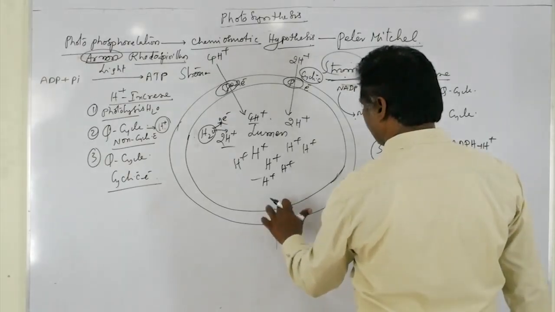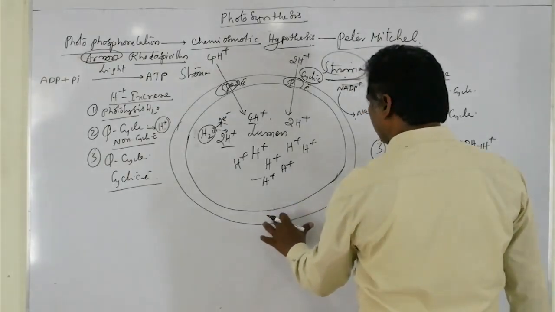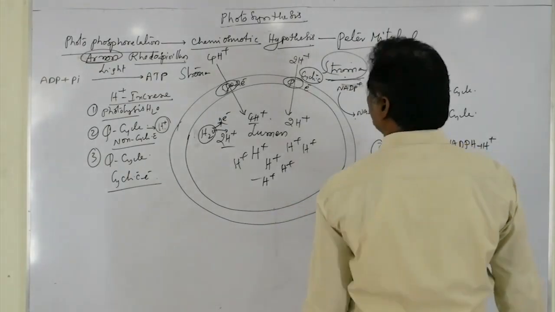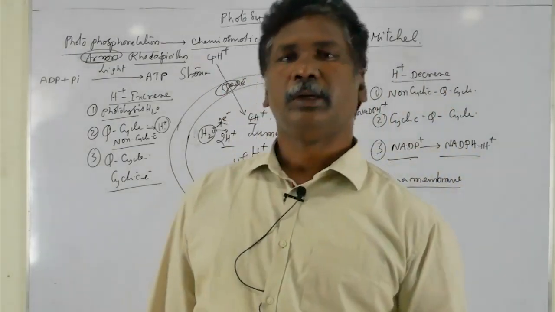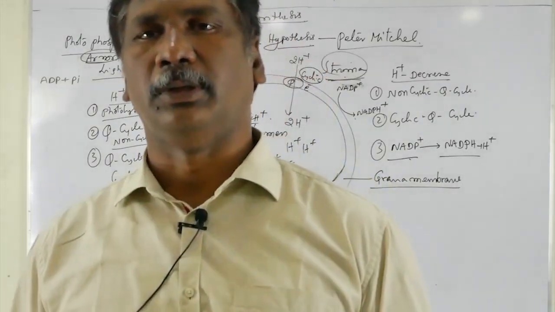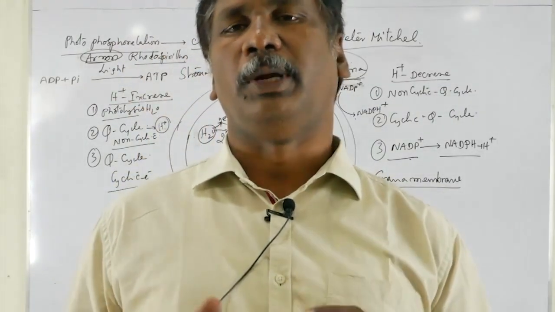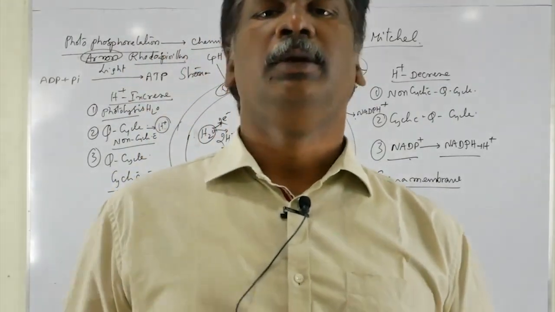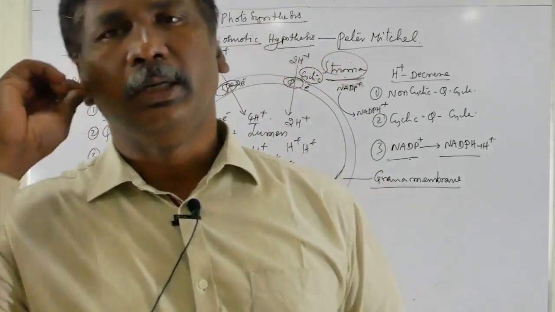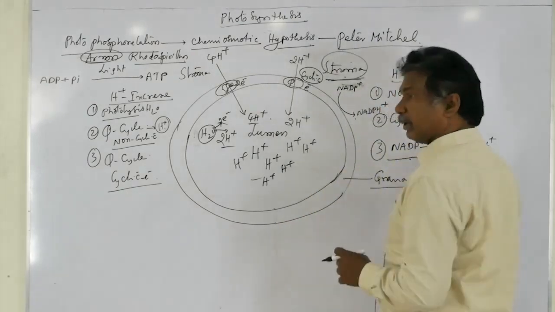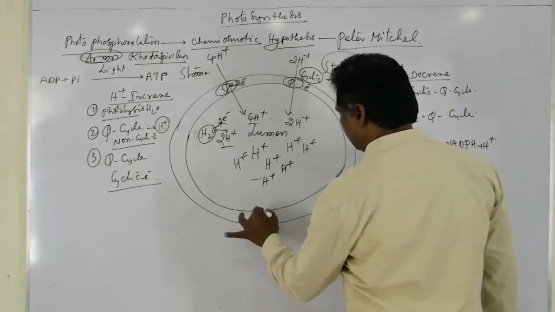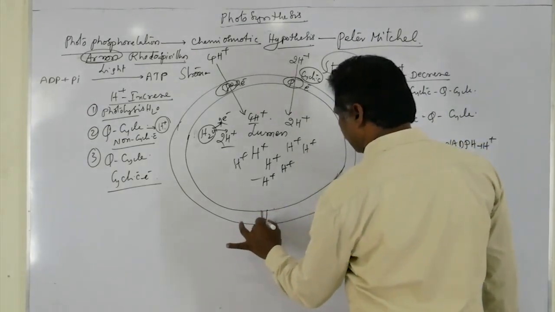How is it possible to translocate the protons from lumen to stroma? The lumen has many protons, the stroma has fewer protons. All the protons in the lumen have to come to the stroma. How is this possible? In that thylakoid membrane or grana membrane there is an enzymatic protein complex.